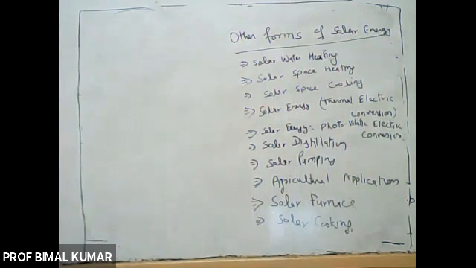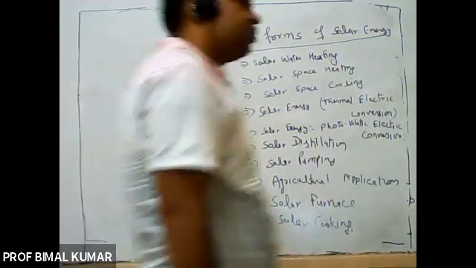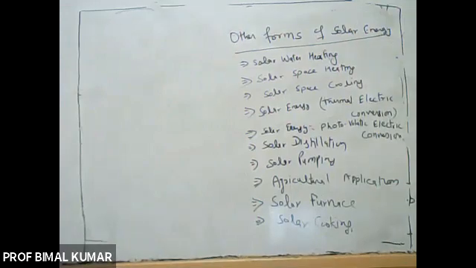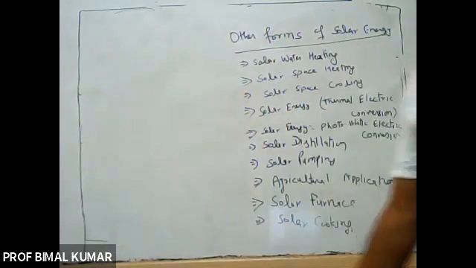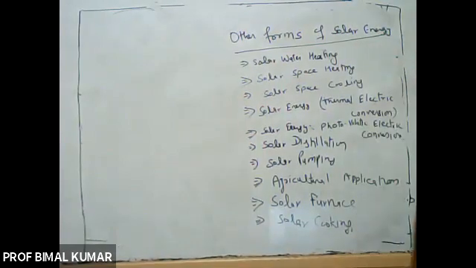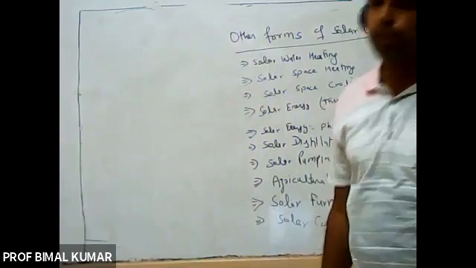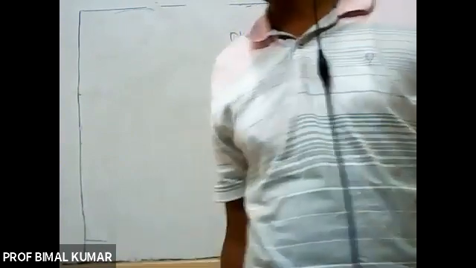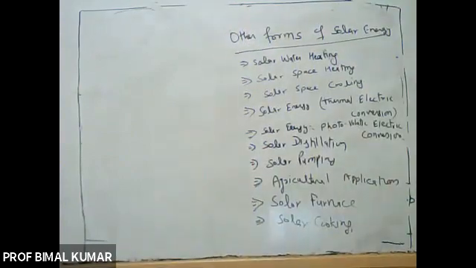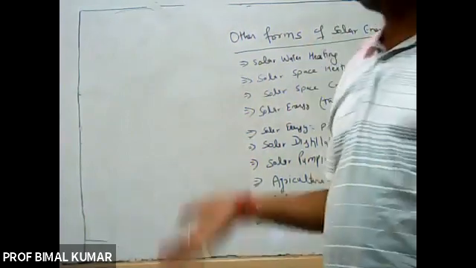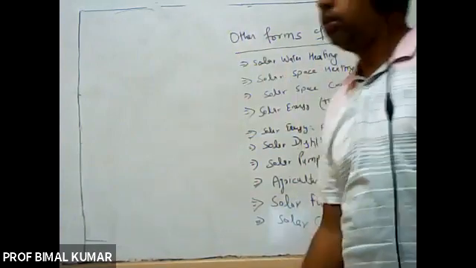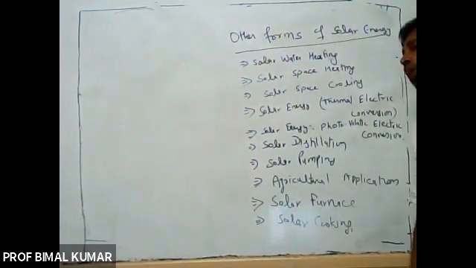Now, in case of this solar furnace or solar heater, what will happen? The solar energy is converted into the form of heat, and that heat may be used for the production of mechanical energy, and that mechanical energy will be converted into electrical energy. So there may be this indirect conversion into the electrical energy.